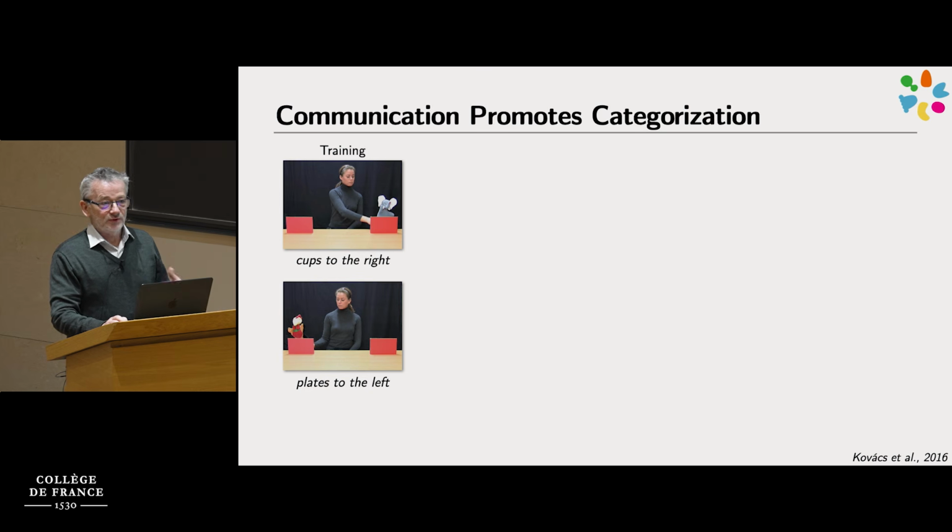We show many of these examples to infants, and we know that they start to learn it after a while, because when the person lifts these objects and they hear the sound, they start to anticipate, looking right or left depending on what the object is. So they learn the association of which object goes to which side.